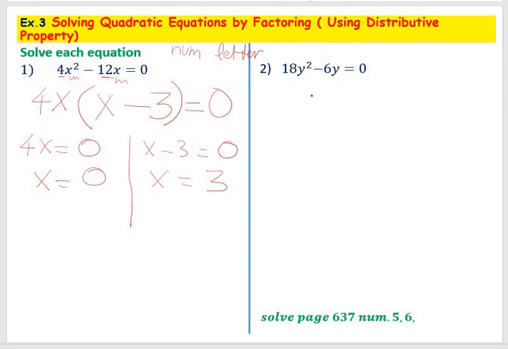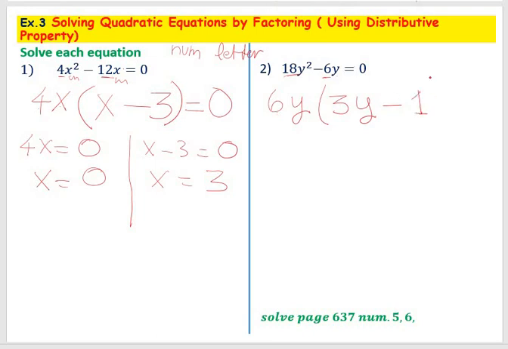Here I'm going to do the same thing. First, I can see that 18 can be divided by 6 and 6 can be divided by 6. So I take my common factor as 6. Then I have y squared and y. The least is y. I open my bracket. 18 divided by 6 is 3. Y squared divided by y is y. Minus 6y divided by 6y is 1.